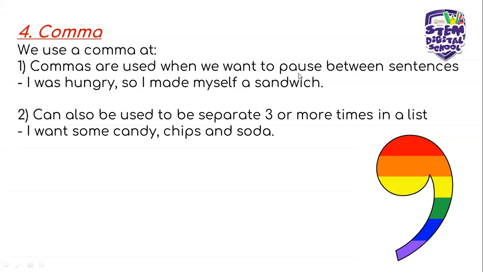Okay. So the comma that we're using now, the one I said with the 3 different, to separate 3 or more times in a list. You can use that for a lot of different ones.